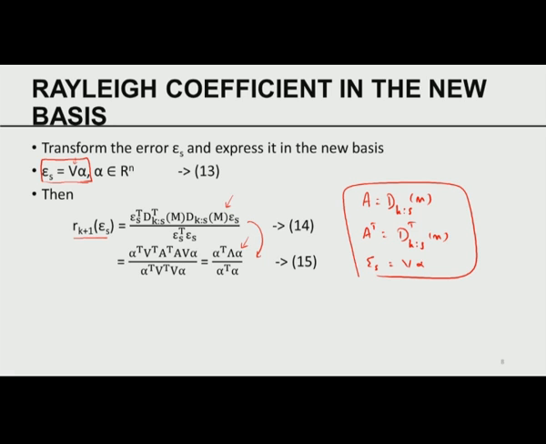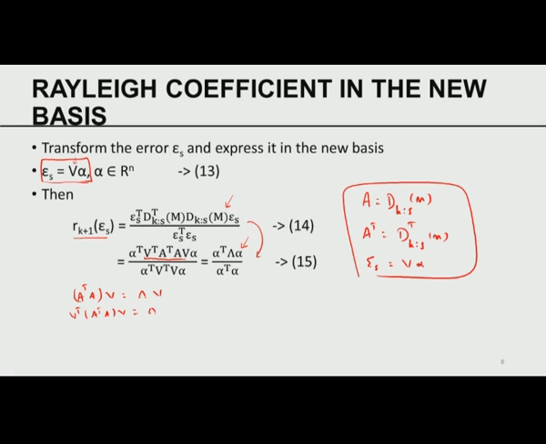What is the real kicker here? The numerator and the denominator get simplified. A transpose A V is equal to lambda V, because the columns of V are the eigenvectors of that. Therefore, if I multiply this by V transpose, V transpose A transpose A V is equal to lambda, and that is exactly what is occurring in the numerator.